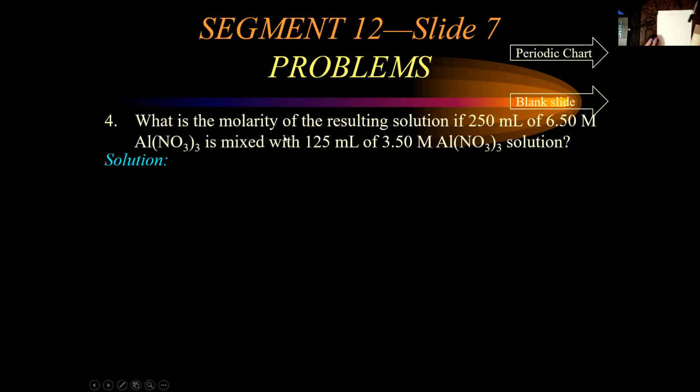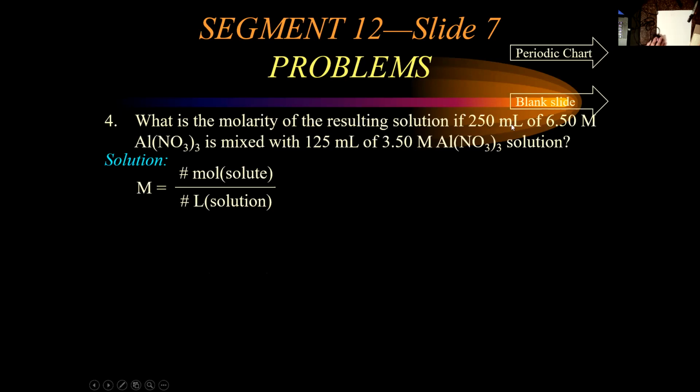Okay? What is the molarity of the resulting solution if 250 milliliters of 6.5 molar aluminum nitrate is mixed with 125 milliliters of 3.5 molar? Okay, what's this asking? Molarity. What am I going to do? Write the definition down. I want the number of moles of the solute and the total volume of the solution.